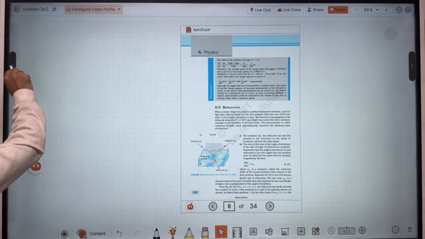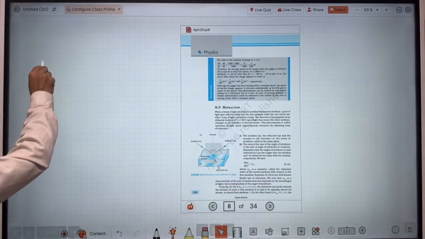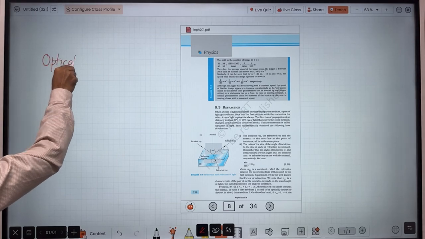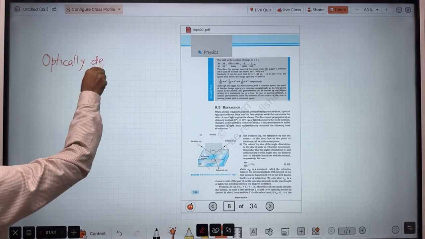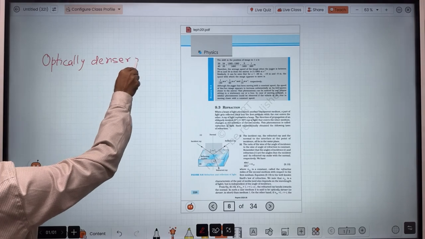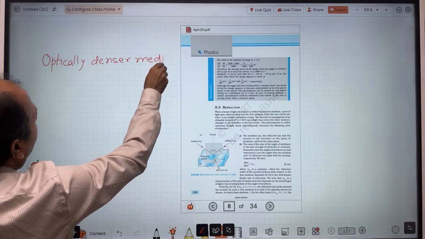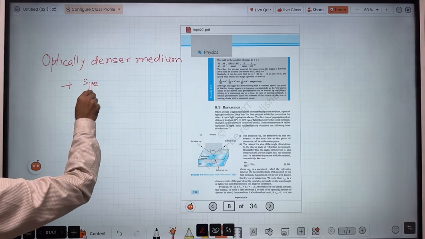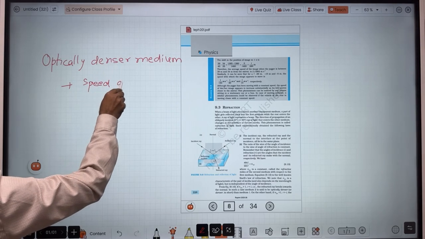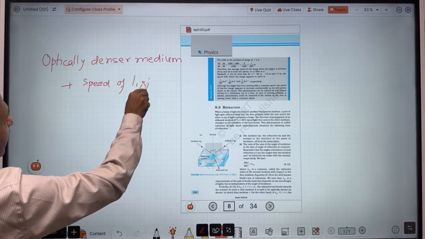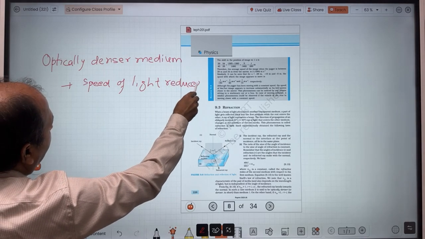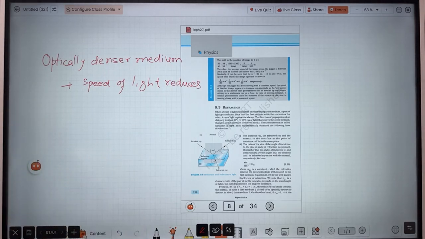As far as the terms optically denser and optically rarer are concerned, when we talk about an optically denser medium, what does this mean? It means the speed of light reduces, right?